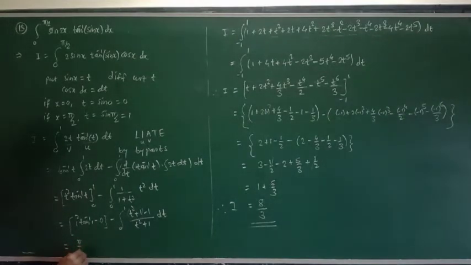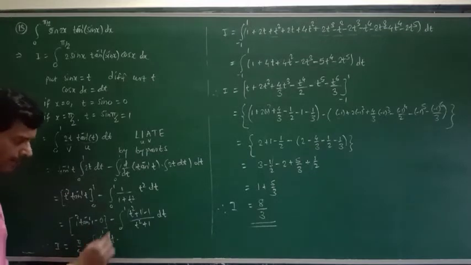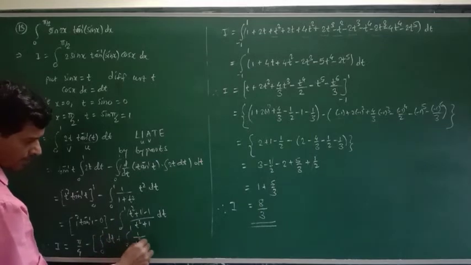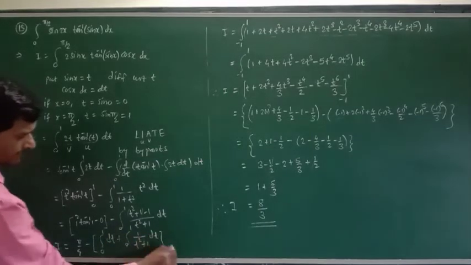Pi by 4 minus, divide separately. So what is the integration? Integration from 0 to 1 of dt, minus minus gets plus, integral from 0 to 1 of 1 upon t square plus 1 dt.